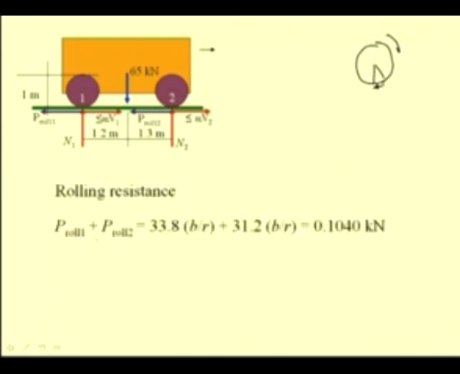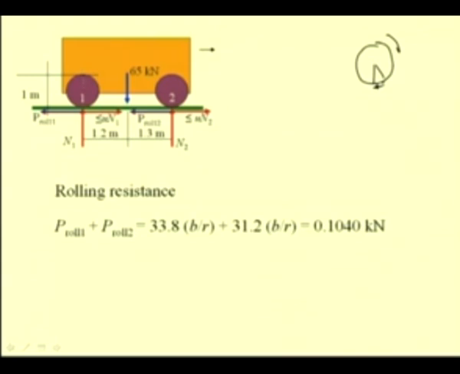So, we will find this to be equal to the total weight or the normal reaction times B by R, that is W times B by R, where W is the load that is being carried by each set of wheels.